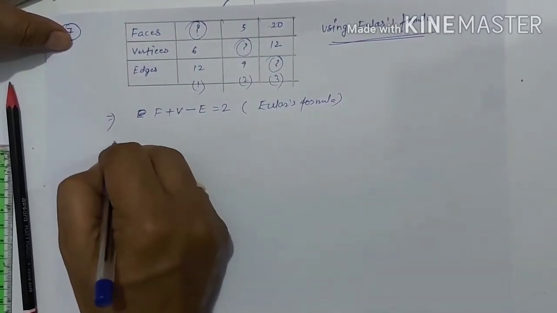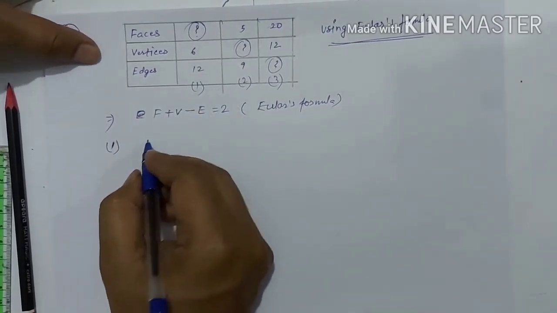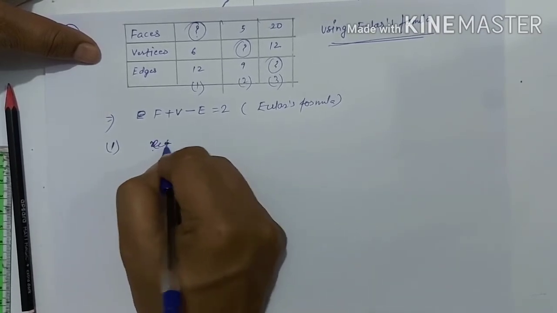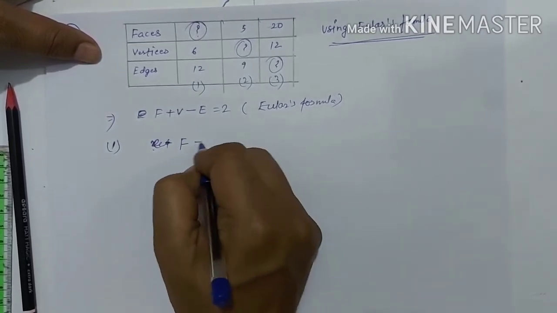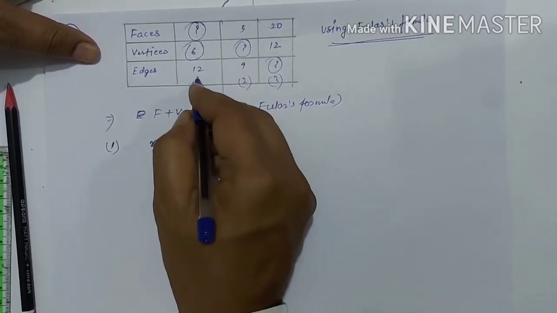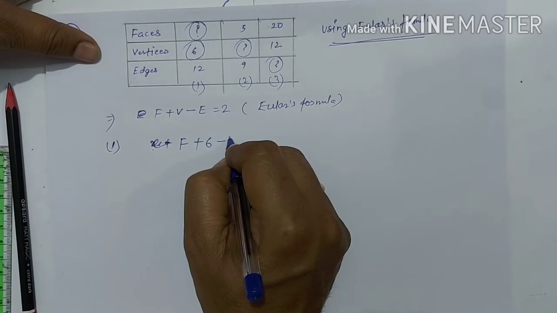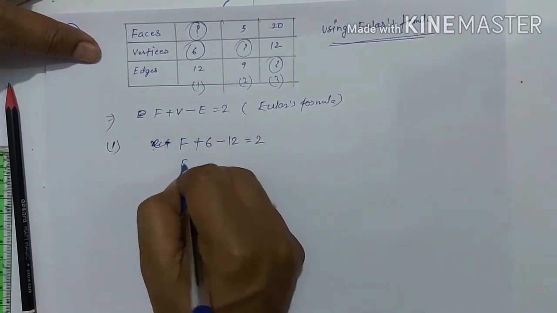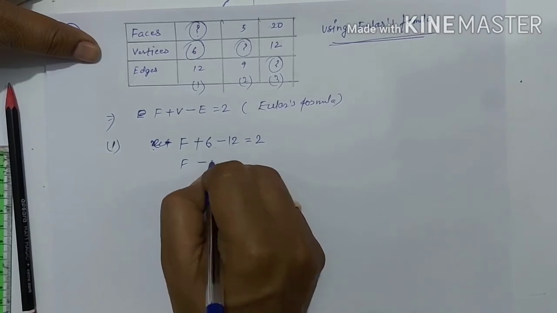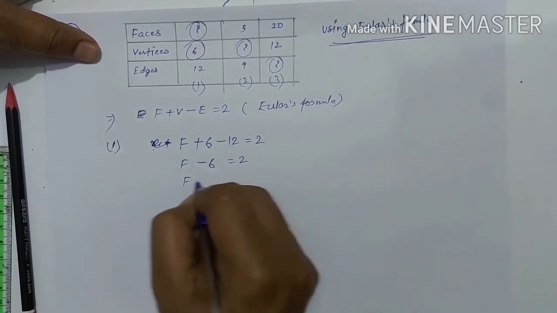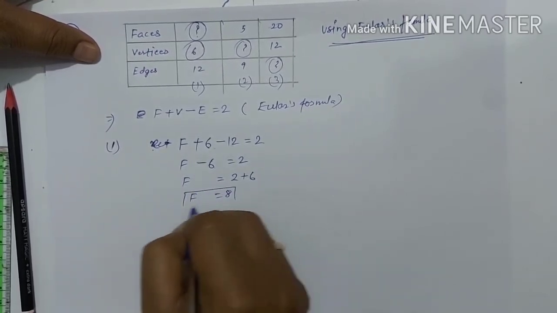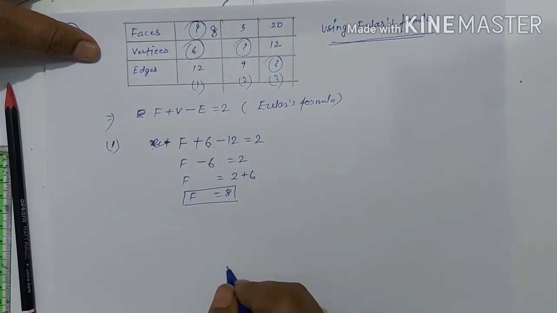Now first, the F value is not given. So suppose X is the unknown. F plus V value is 6 and edges is 12, equal to 2. Now after subtraction, F minus 6 is equal to 2 and F is equal to 2 plus 6, F is equal to 8. The first answer is 8.